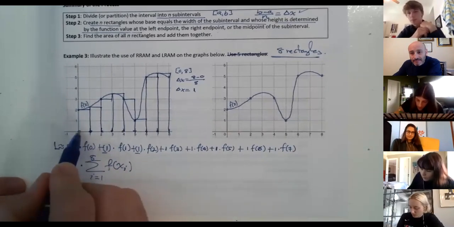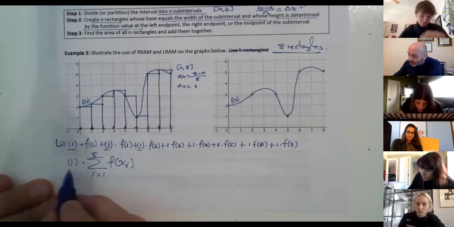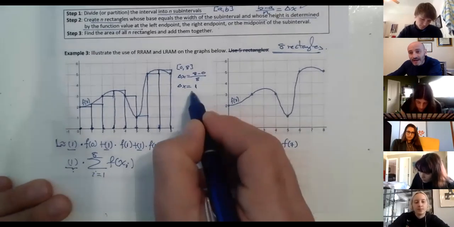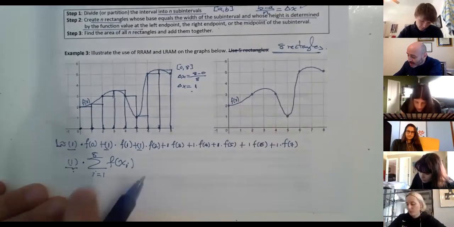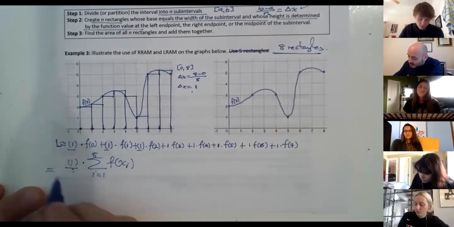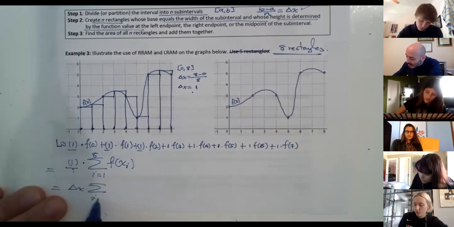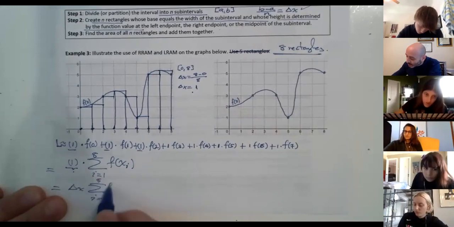All right? Now, how do we calculate this? What does that 1 represent? Delta x, correct? So this really is delta x times the sum for i from 1 to 8 of f of x sub i.